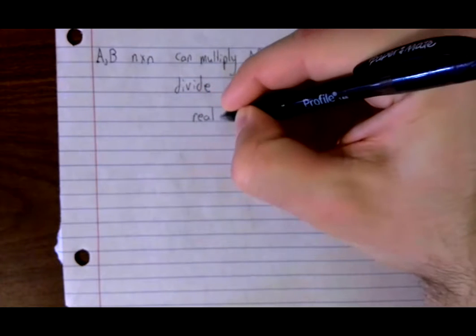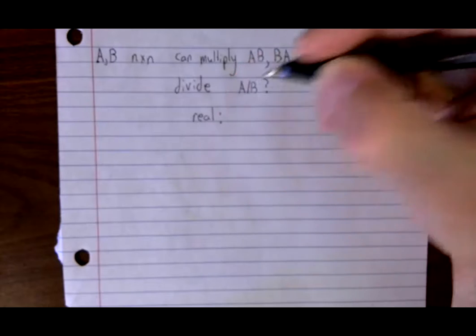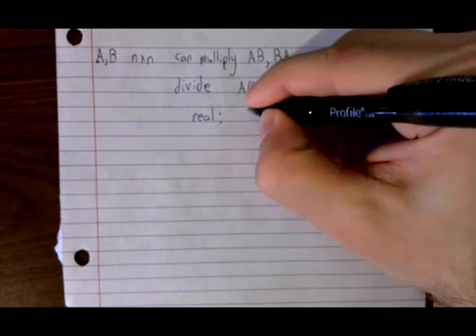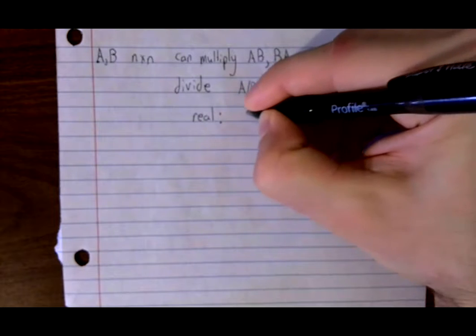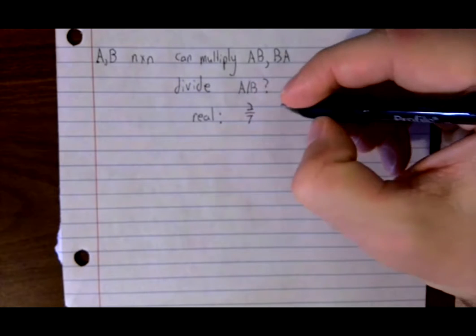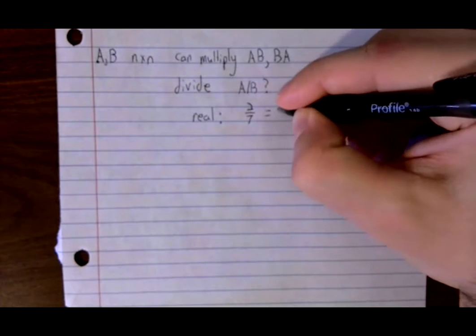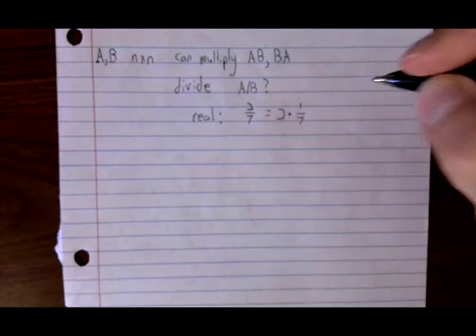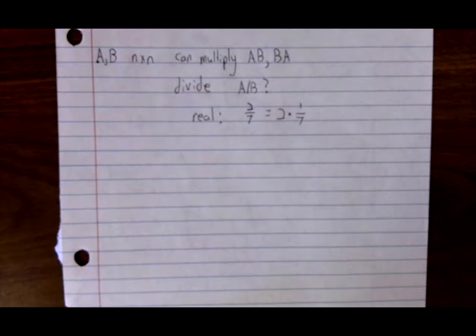Think of real numbers. If we want to divide one real number by another, say 2 divided by 7, we can rewrite this as multiplication: 2 multiplied by 1/7.